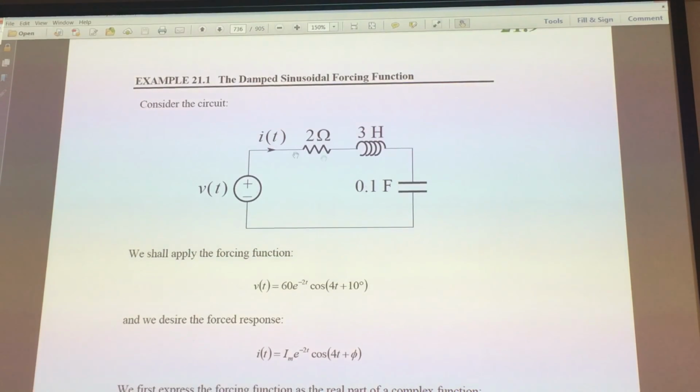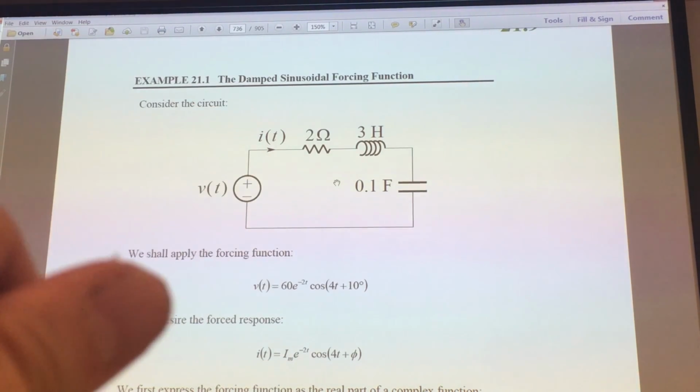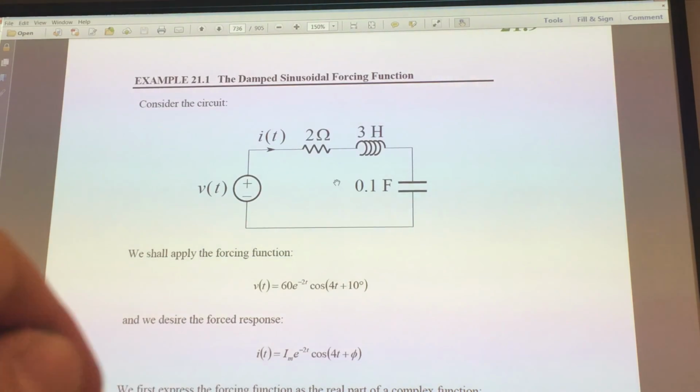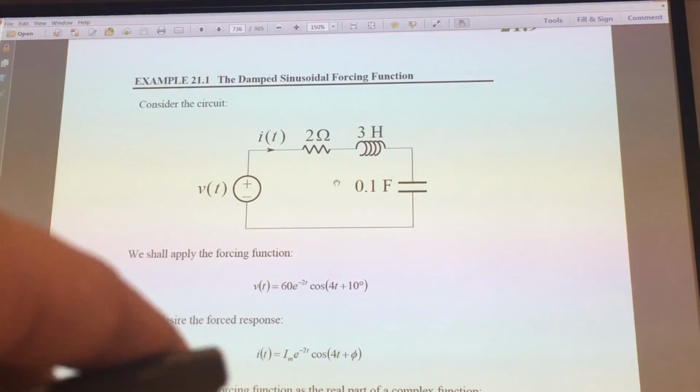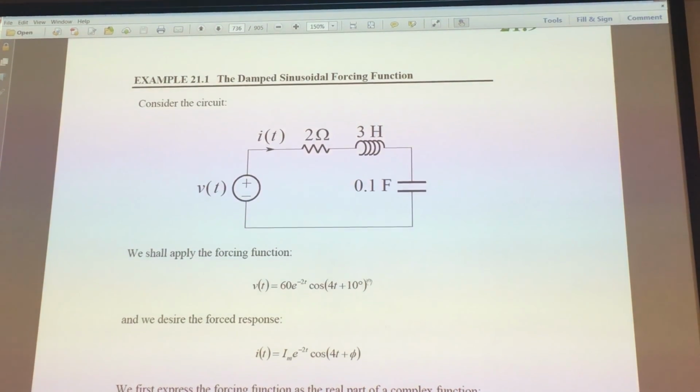We know that the forced response of any linear system has exactly the same form as the forcing function. So if your forcing function is DC, constant, the forced response will be constant. If the forcing function is sinusoidal, the response will be sinusoidal with the same frequency, and so on. So we know what to expect.